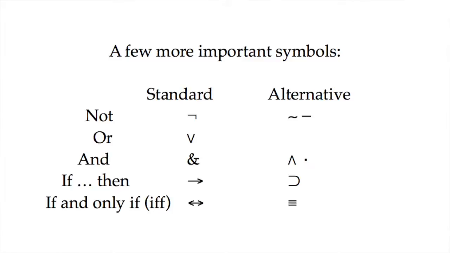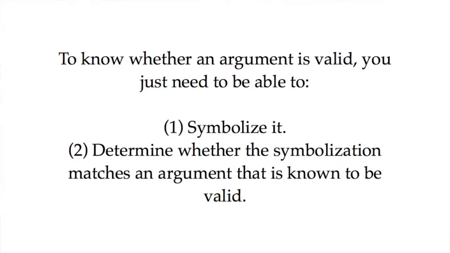Here's the standard set of symbols I'm going to use. The not looks like a sideways L, the or looks like a V, the and is just your standard and sign, an ampersand. If then is designated with an arrow, and if and only if is an arrow that points both ways.